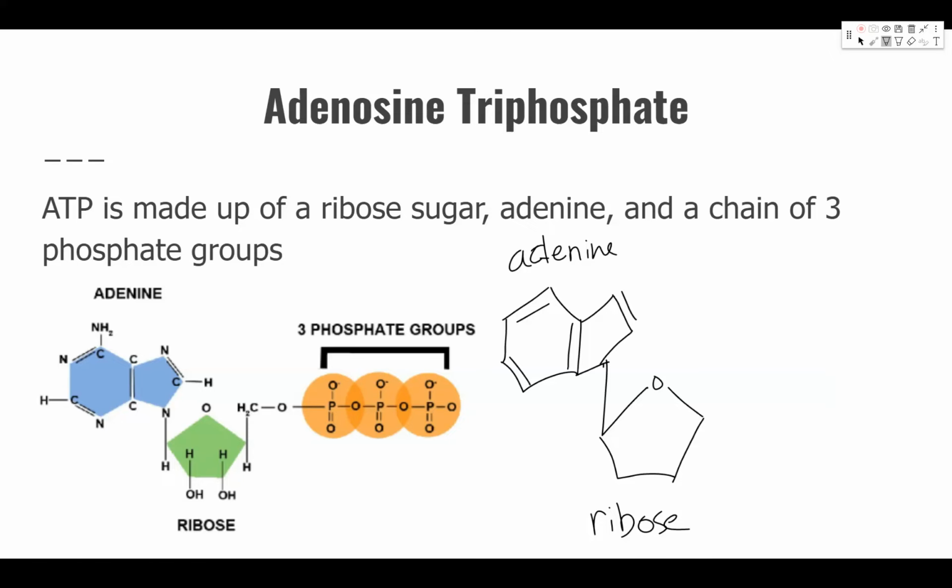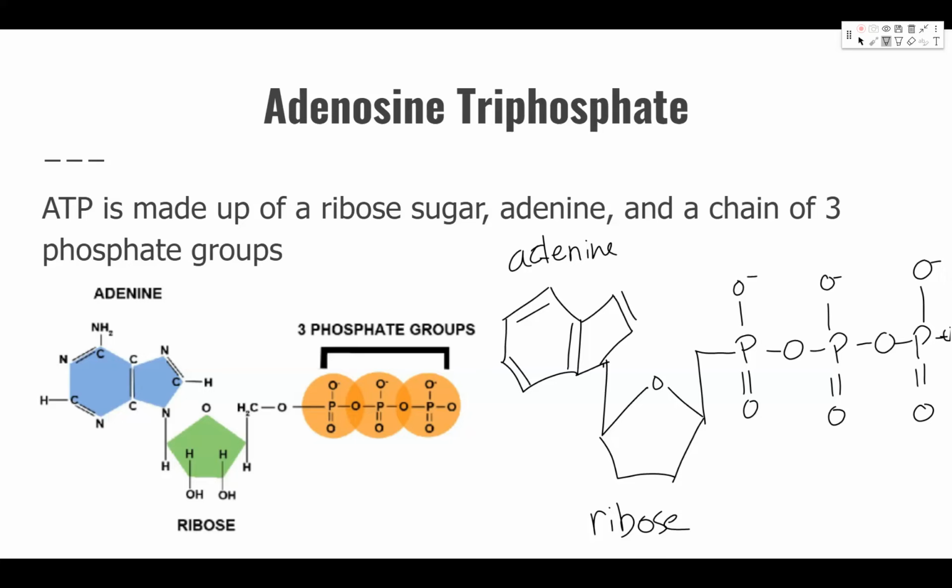But instead of 1 phosphate group, we have 3 phosphate groups. So, coming off of this ribose sugar, we have phosphate group number 1, phosphate group number 2, that one got a little small over here, phosphate group number 3.